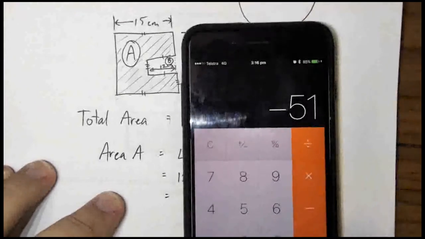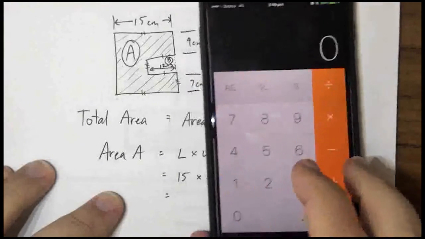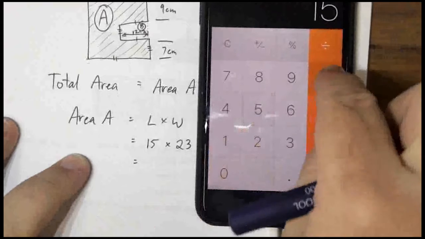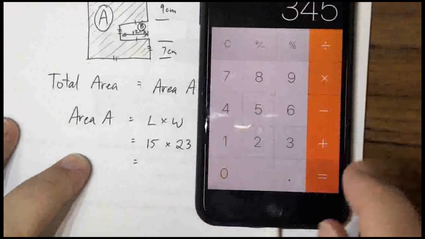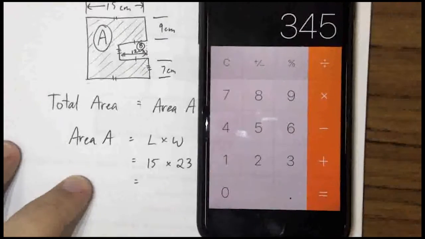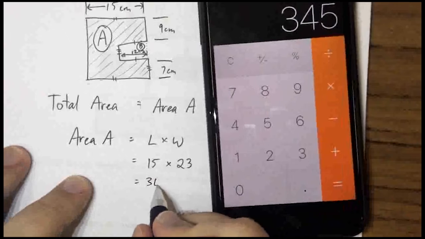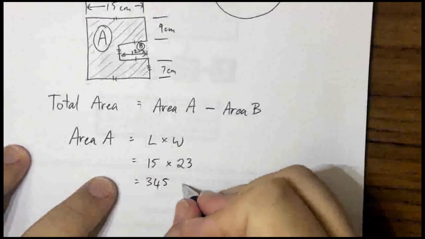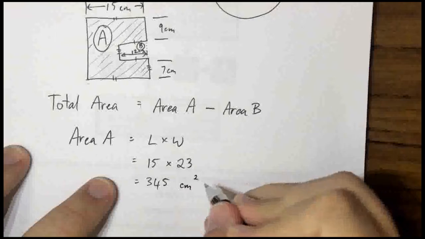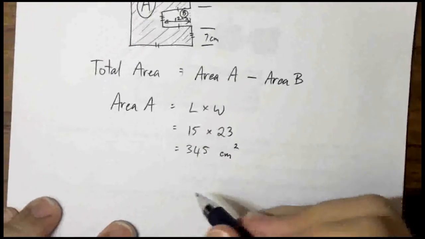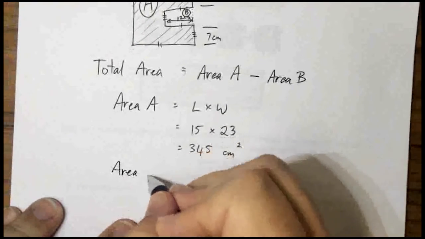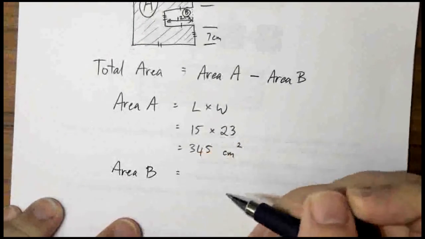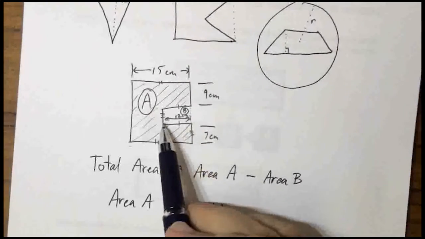Here we go. We can have our 15 times 23 is equal to 345. And that's not complete. That has to be units squared, centimetres squared. I now need to do area B. Area B will be equal to this section, this small section.